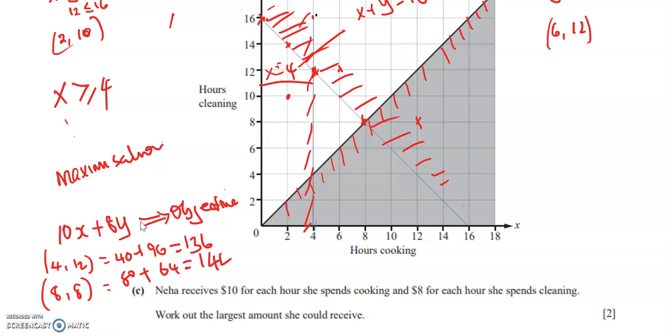This gives you 144. So which is the maximum that NIHA can collect within the conditions we have been given? We find that if NIHA spends 8 hours cooking and 8 hours cleaning, she is going to get the maximum income.